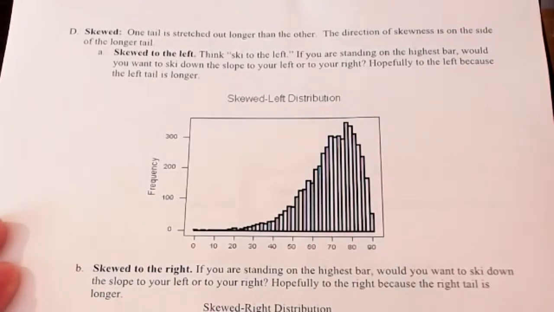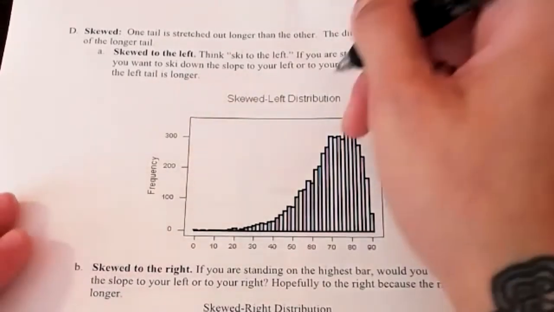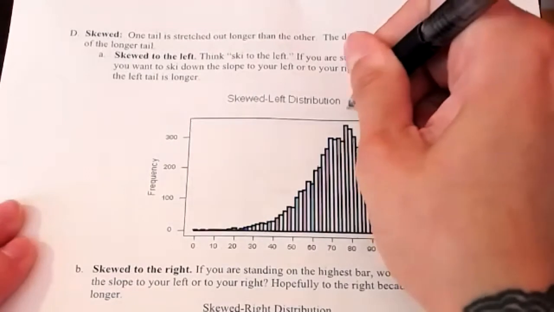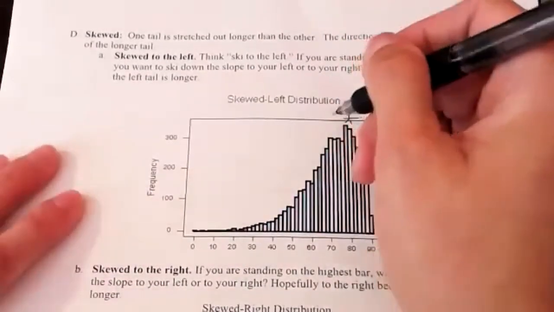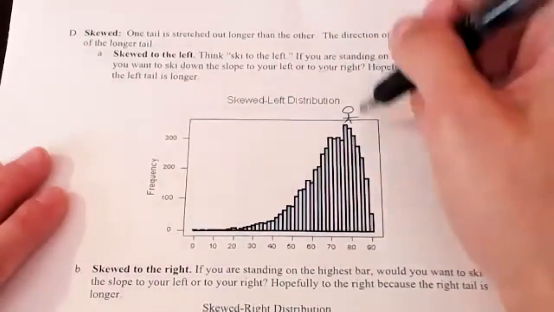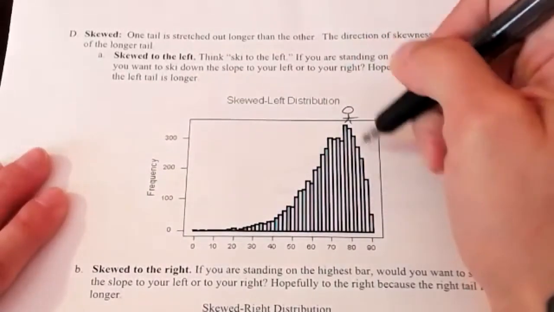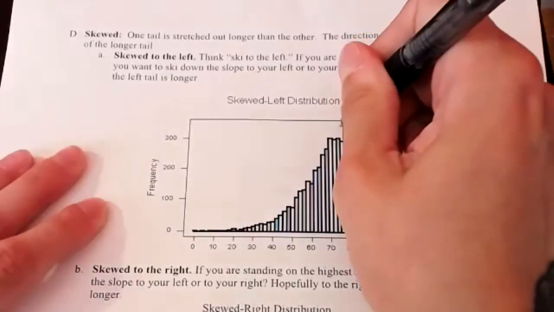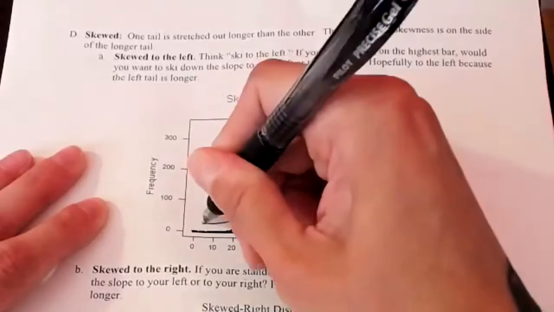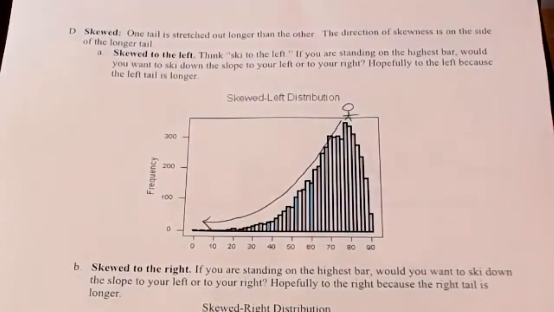One way to remember this is to think of taking a person, putting them on top of the highest peak and saying, go ski. Well, they're probably not going to ski this way. That's really treacherous. So they're probably going to ski to the left. So we have a skewed left distribution.